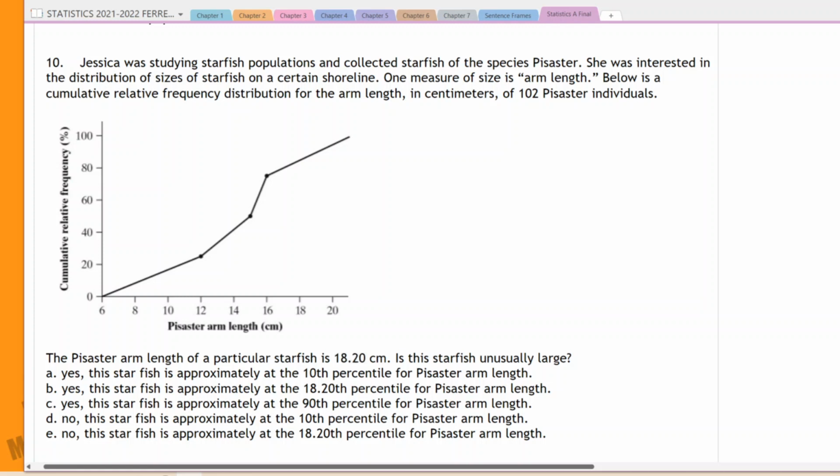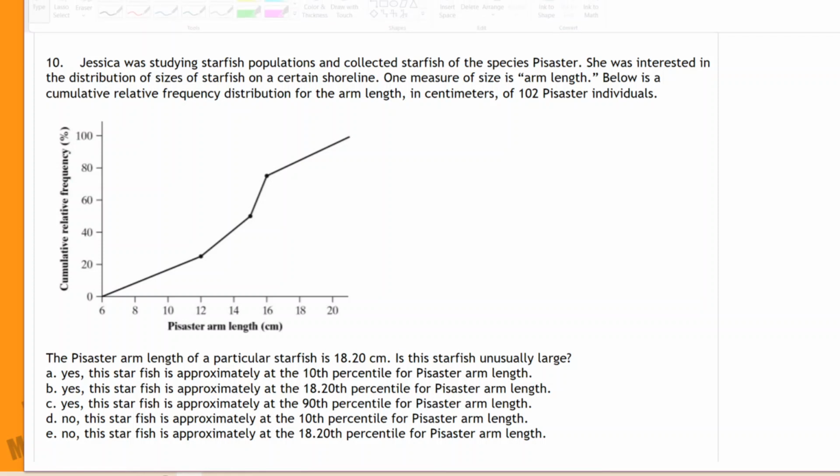Unusually large would usually mean at or above the 95th percentile, or at or below the 5th percentile. And the percentile is the same thing as the cumulative relative frequency. So one thing we could do is take a look at where exactly is 18.2.